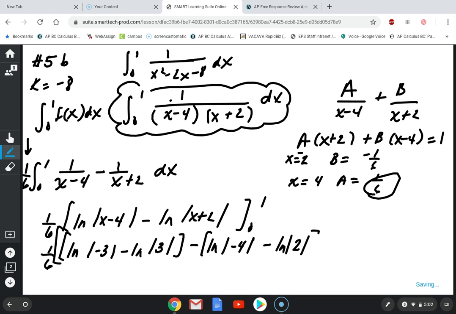Again, these are all in absolute values. So simplifying, I get 1/6 the natural log of 0 here.